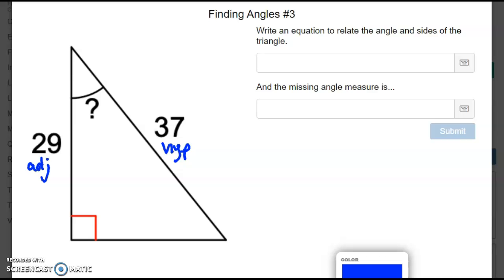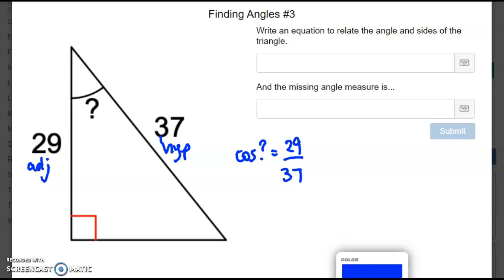So adjacent and hypotenuse. What is the trig ratio that deals with adjacent and hypotenuse? That's cosine. So cosine of question mark is equal to adjacent over hypotenuse, so that's 29 over 37.